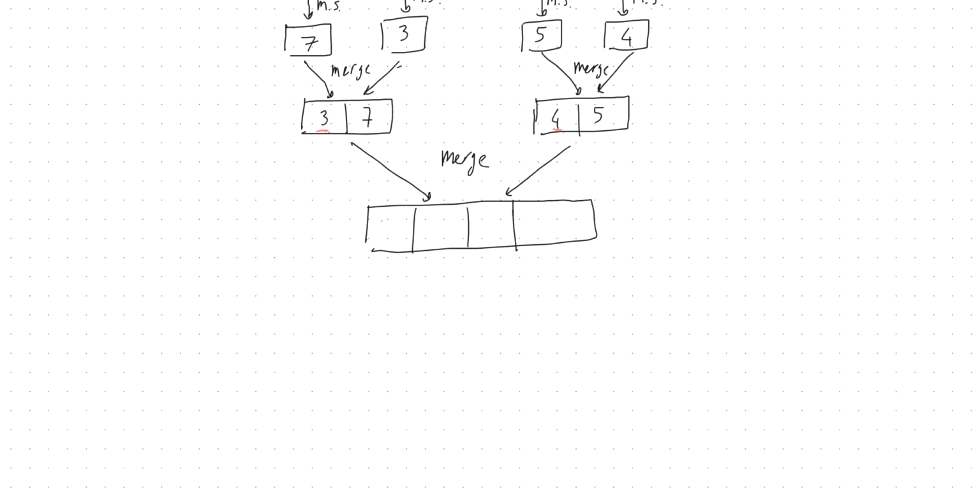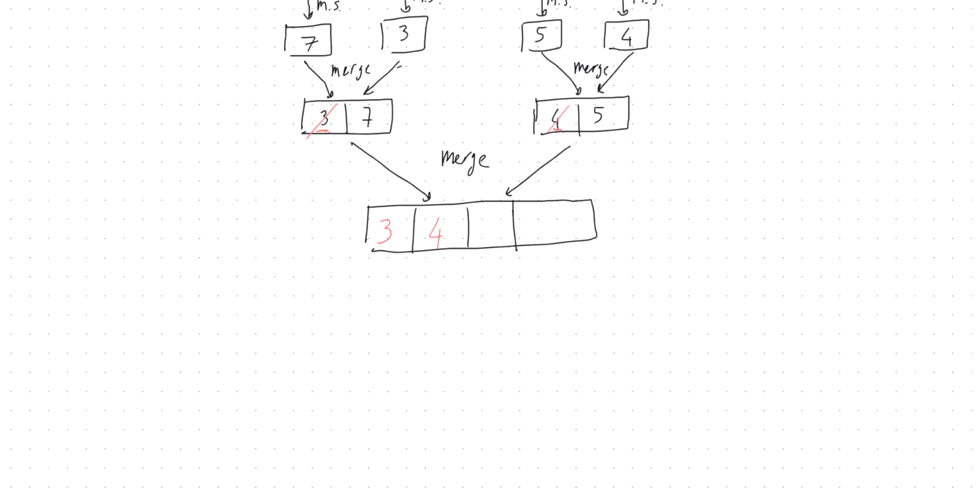So we write that 3 in the final answer, and now we can get rid of 3. And repeat. Now the smallest element in the first half is the new first element, which is 7, and the smallest element in the second half is the first element, 4. Between 4 and 7, 4 is smaller, so we write 4 here, and then get rid of 4.